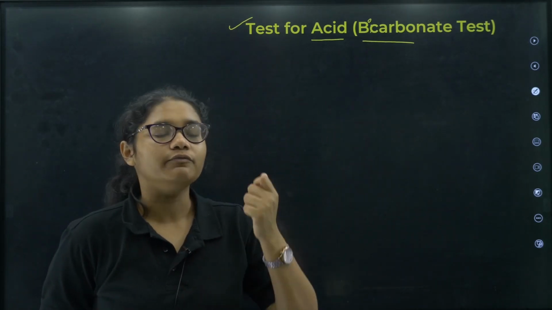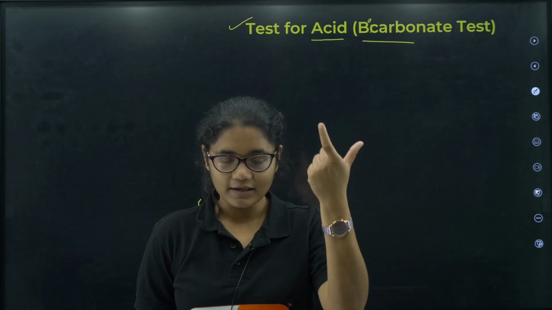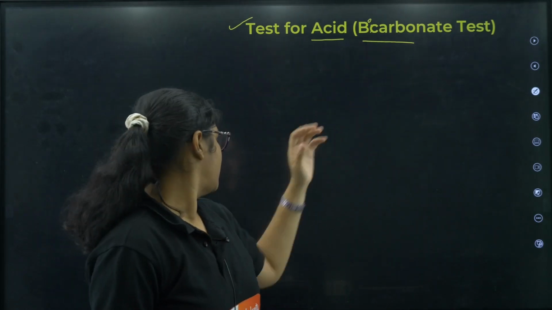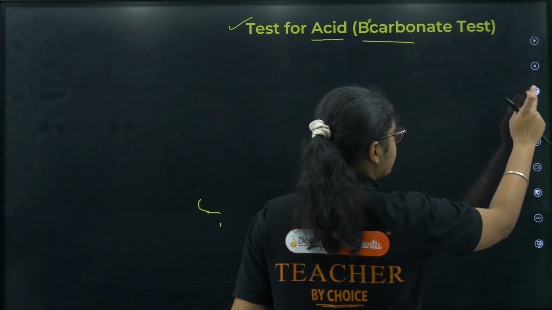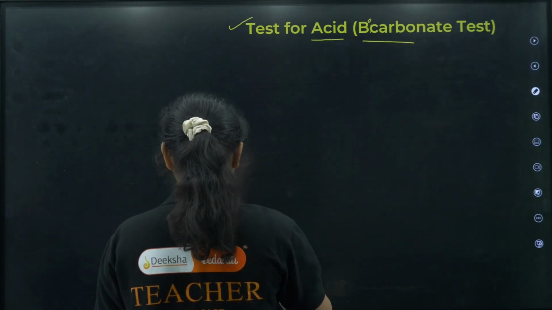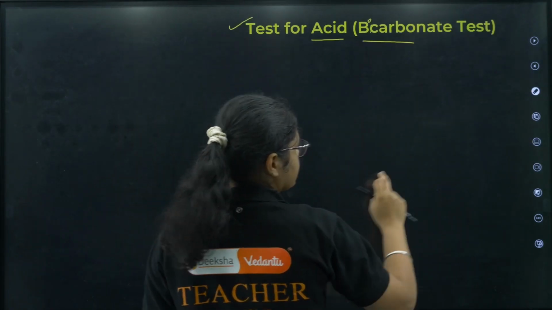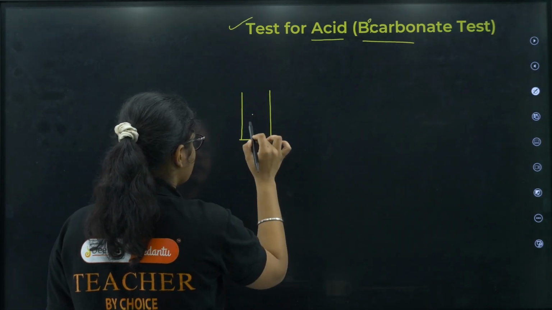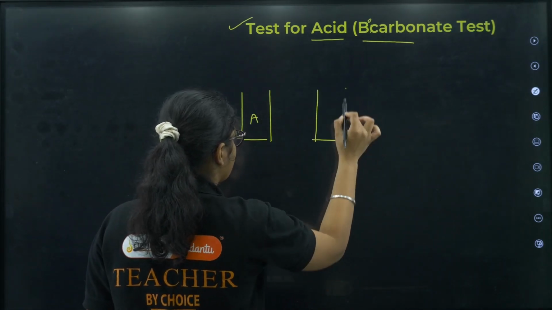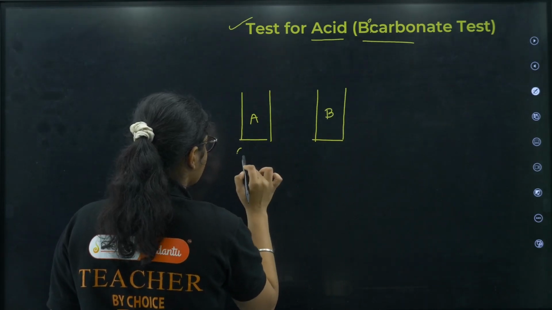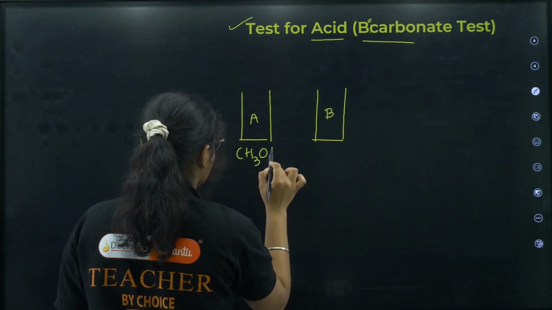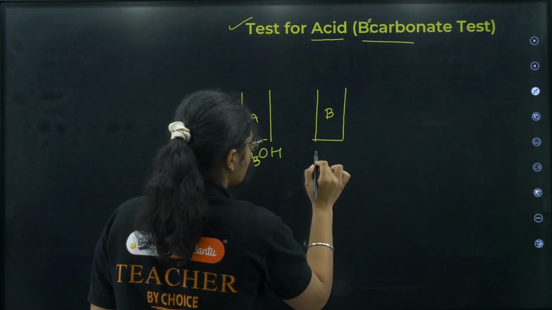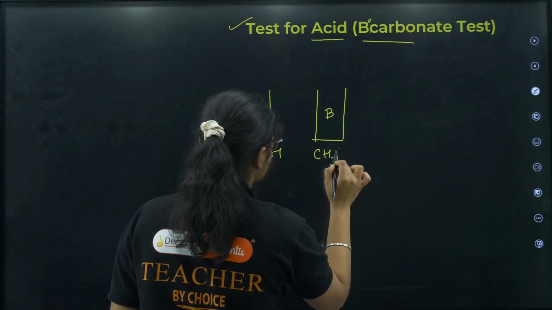So what you have to do is add carbonate or bicarbonate to both the containers. Let us understand this one. Now you have two test tubes, one is A and another is B. In one of the test tubes you have, suppose, ethanol, C2H5OH, and in another you have CH3COOH.